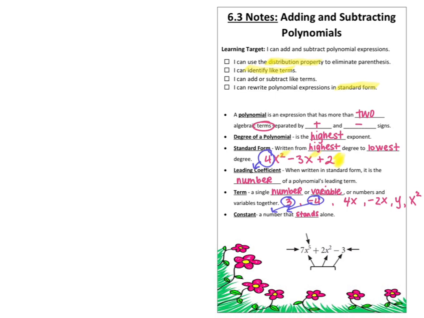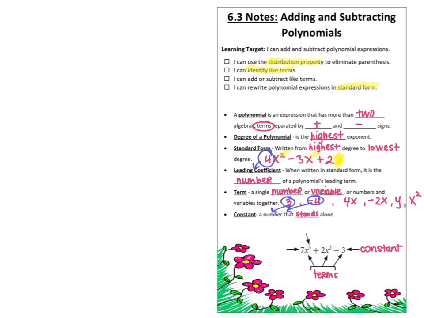So let's look at this example down here at the bottom, just really quickly going through these vocab words. Each of 7x to the 5th power, 2x squared, and -3 are all terms. That -3 is a constant because it has no letter with it.